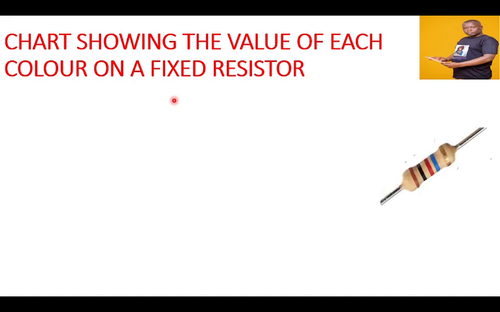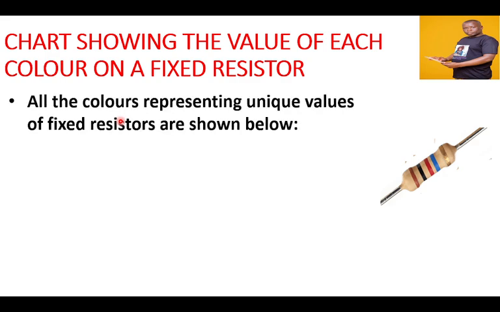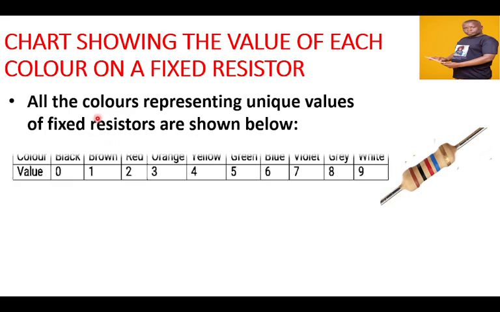The resistor we have here, for example, has the colors brown, black, red, blue, and gold. So in order to calculate its resistance, all the colors representing unique values of a fixed resistor are shown down here in a chart. Okay, so let's look at the chart.